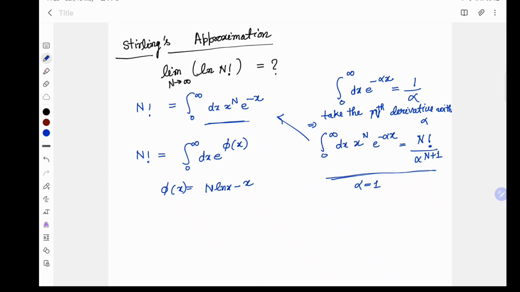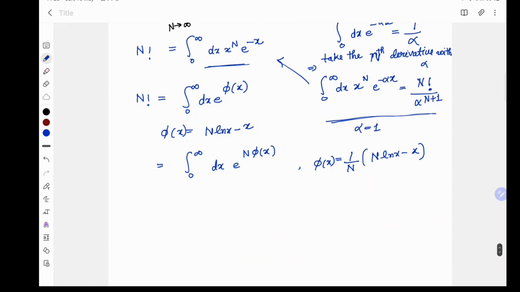Or equivalently, one can write it as the integral from 0 to infinity dx e to the power n phi x, where phi x is now 1 over n times (n log x minus x).